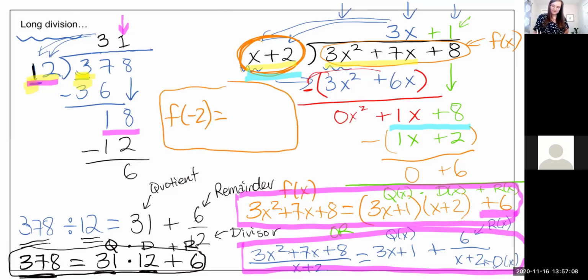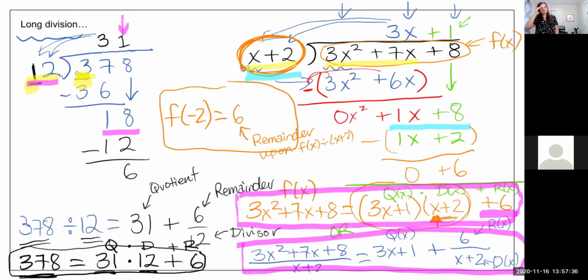Well, it's going to zero this thing out, and I'm just going to get a 6 left, which means this is my remainder upon f of x divided by x plus 2. You can see that because that would zero out right here.